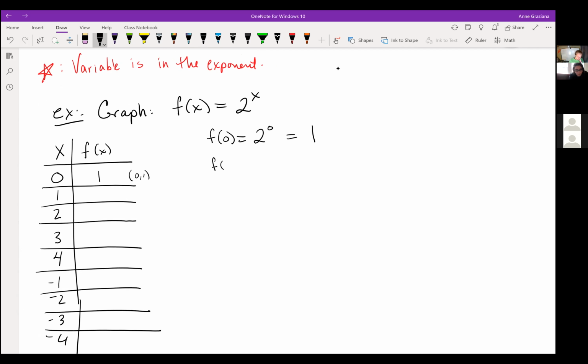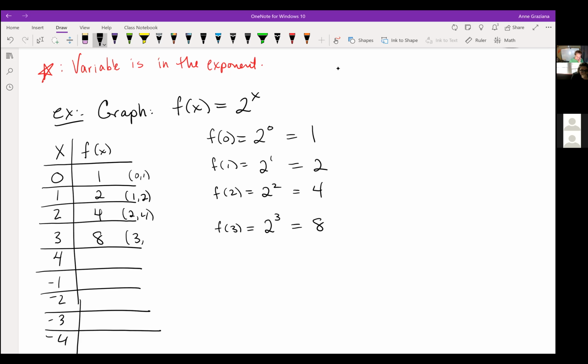And then f of 1, all we do is we plug it in where we see the variable. So 2 to the power of 1 is just 2. Okay. F of 2 is 2 to the power of 2, which is 4. So it's 2, 4. F of 3 is 2 to the power of 3, which is 8. So 3, 8.